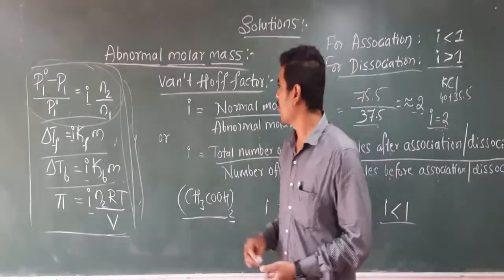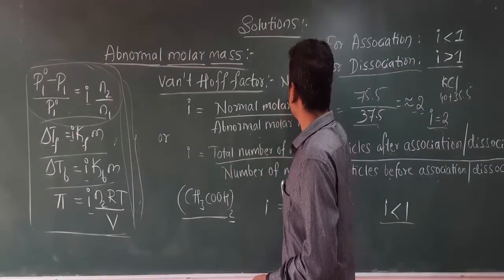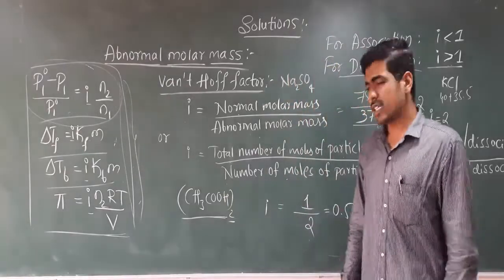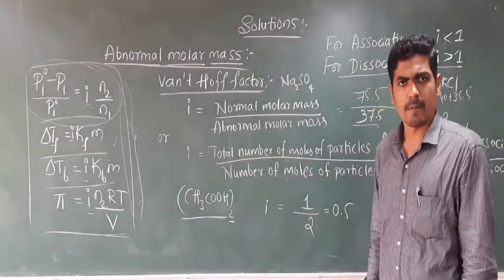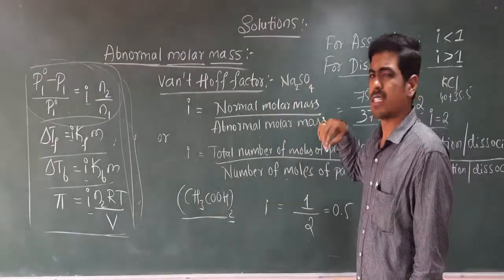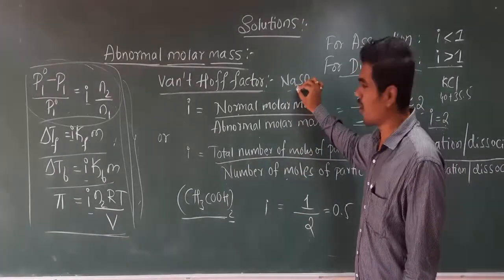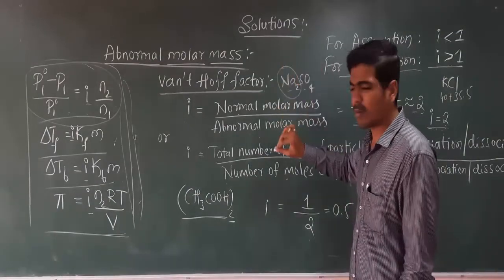And for example, if I take Na2SO4, what is the value of i? Since it is an ionic compound, simply see here Na2SO4. When it is dissolved in water, how many Na plus ions will be formed?